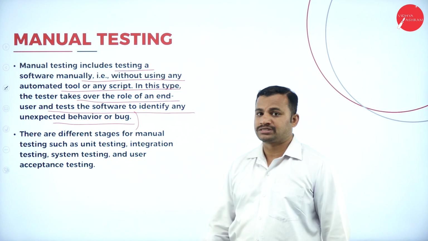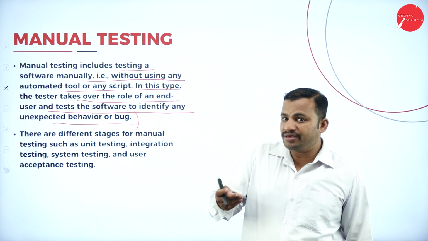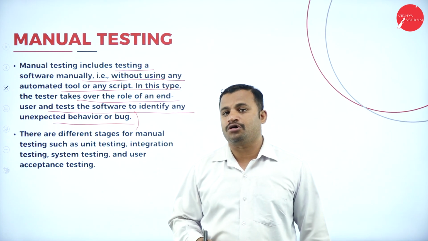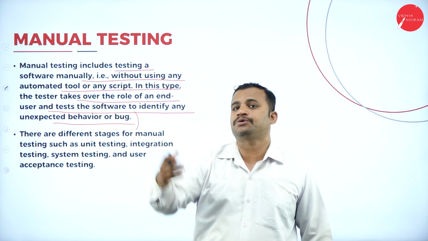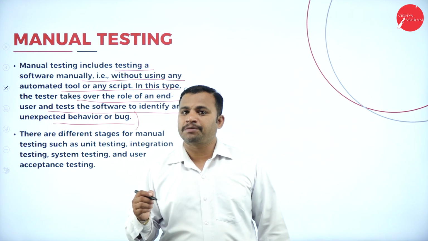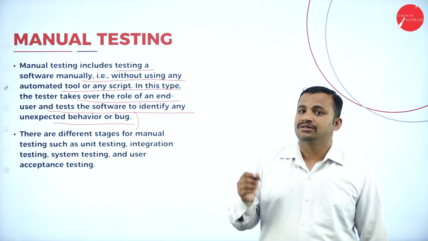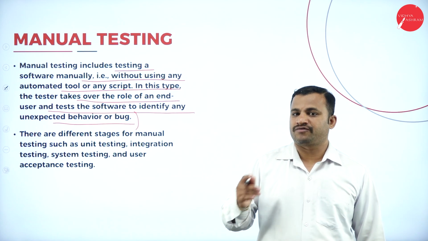In the previous session, I discussed this. In manual testing, the tester involved in testing the software will give a possible set of input combinations of data to see what outcome is produced by the system. With that information, he will start preparing a document based upon the response received from the system.